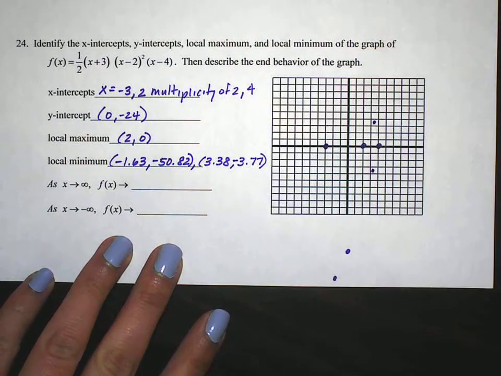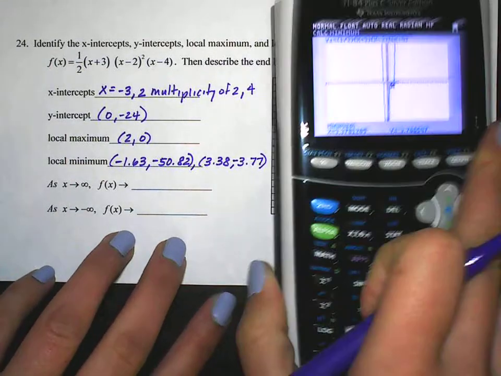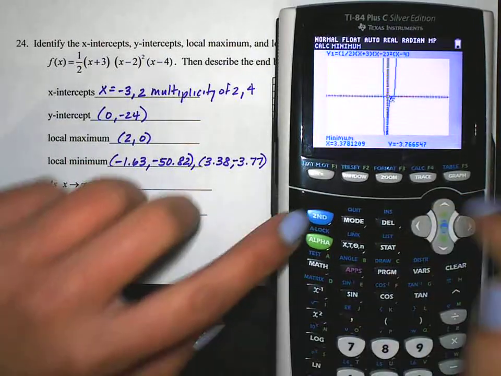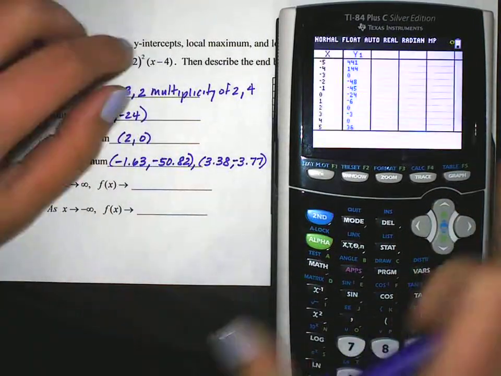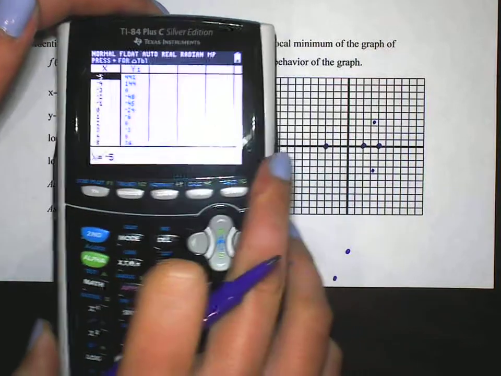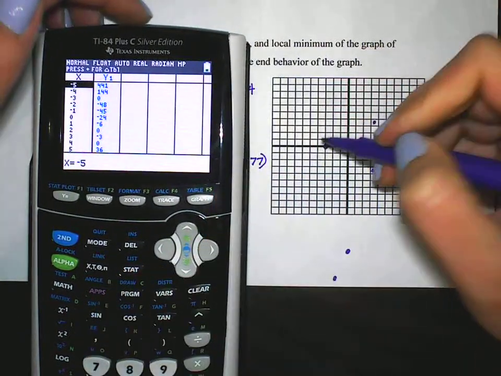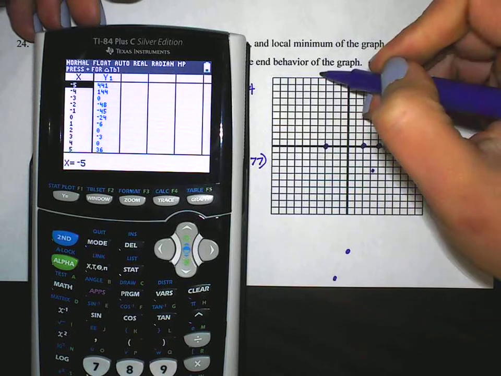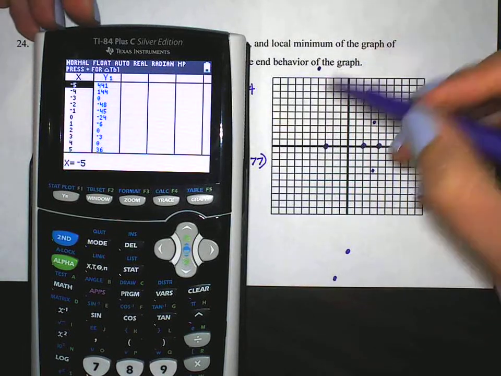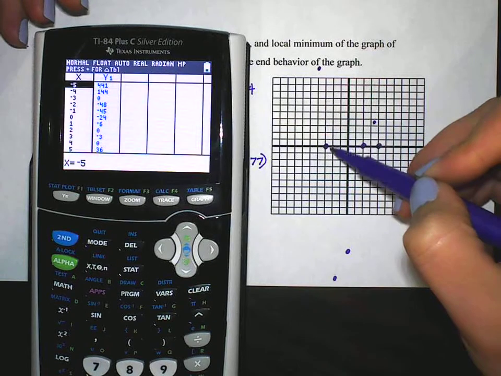Don't mind that extra errant dot. And we're going to go to our table and plot a few more points, if we can. So negative 4 is positive 144. So I'm going to put a reminder that it's off of my graph. Negative 2 is all the way down here.